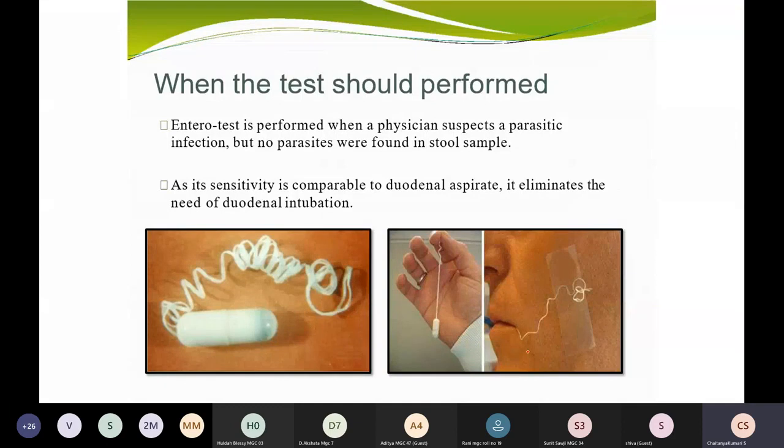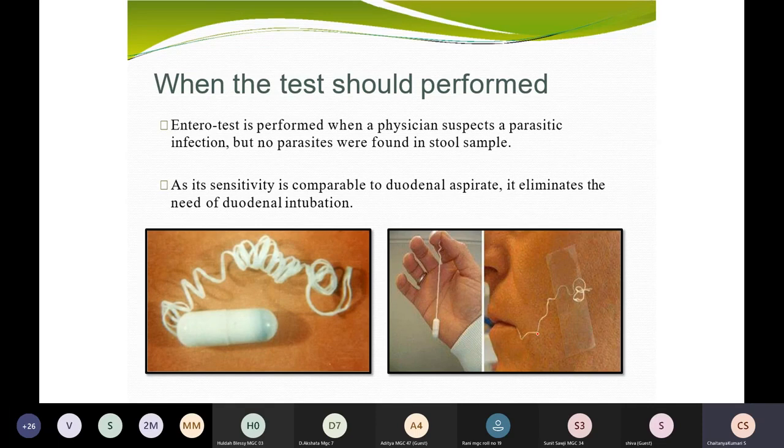This has to stay there for 2 to 4 hours. After that, they will slowly remove the string and dip it into saline, and that saline will undergo centrifugation, so that whatever sediment is collected, they will go with the microscopic observation to detect the presence of the trophozoites or the cysts.